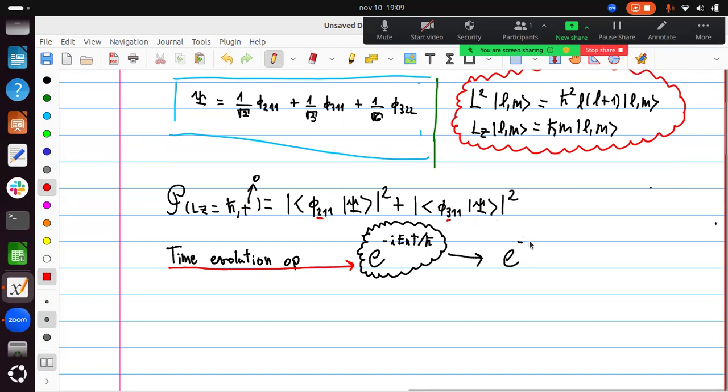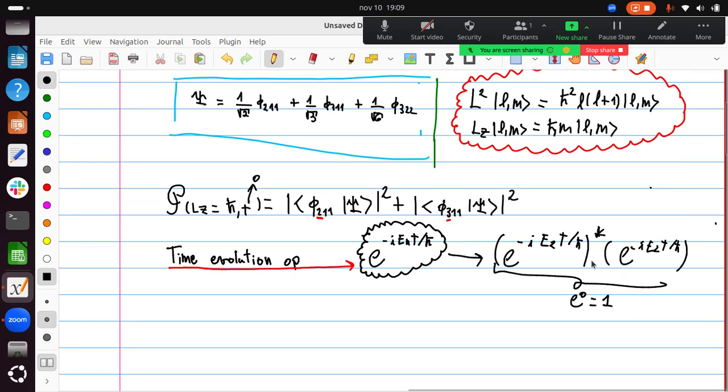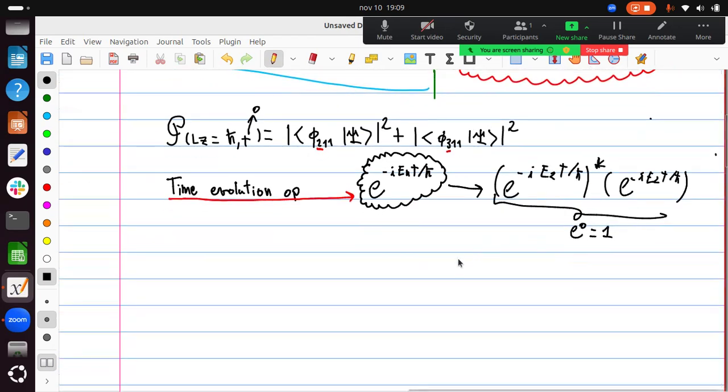So for example, in the first case, it will be something like this with the energy level number 2 over h bar. If you take the conjugate of this term, then multiply it with this same term, you will have an exponential term elevated to 0, and that is just 1. And this will be for both cases.